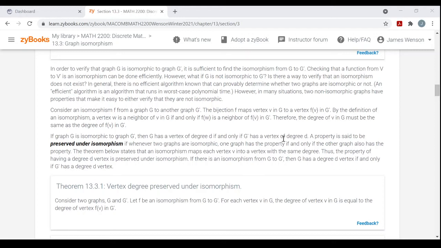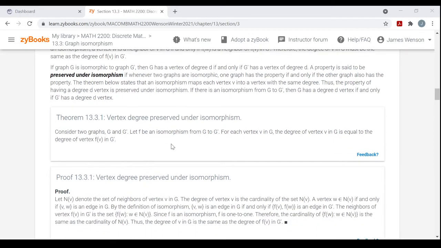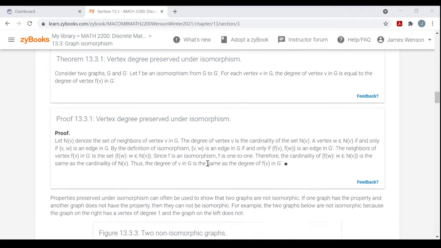A property is said to be preserved under isomorphism if, whenever two graphs are isomorphic, one graph has the property if and only if the other graph also has that same property. So this theorem states that vertex degree is preserved under isomorphism, which was already stated. And then they have a very easy proof here, and I'll let you read that.